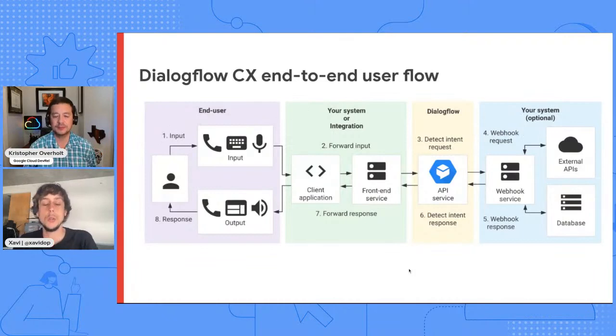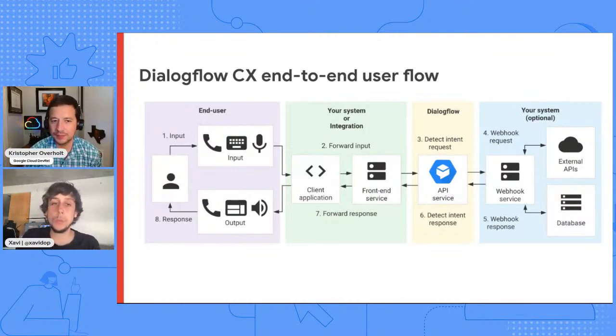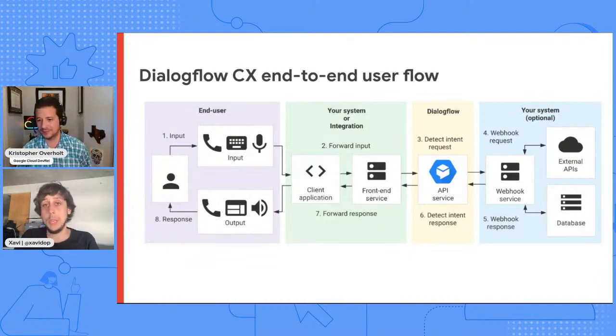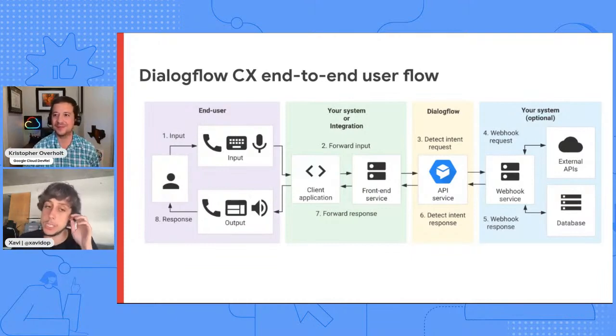On the left you have the end users that are going to interact with your CX agent, as we mentioned before, using different inputs. They can use WhatsApp, Telegram, iMessage, or voice, like a phone call or a voice assistant.